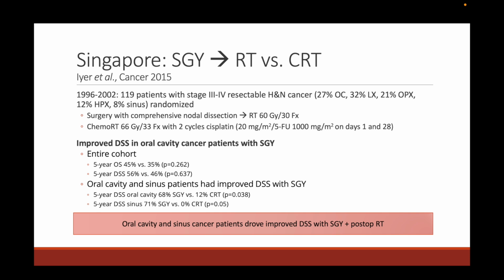So oral cavity and sinus cancer patients both drove the improved disease-specific survival that they saw with surgery followed by postoperative radiation. When we look at all of the different head and neck cancer sites, it seems like oral cavity in particular benefits from surgery with a postoperative radiation approach compared to definitive radiation alone, even if the radiation is given with concurrent chemotherapy. And that is where we get the paradigm of surgery whenever possible.